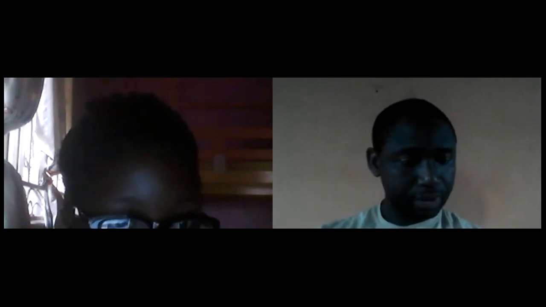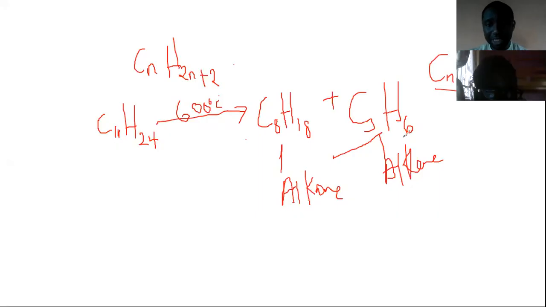This is something very instructive: in hydrocracking, hydrogen is passed into the reaction mixture. If hydrogen is passed into this reaction, guess what will happen?